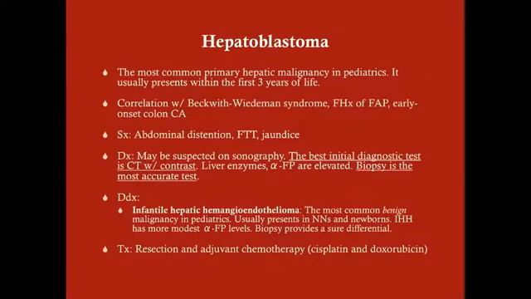Okay, so the hepatoblastoma is the most common primary hepatic malignancy in children, and this usually presents within the first 3 years of life. Now, there's a correlation here, and this you've got to know. There's a correlation with Beckwith-Wiedemann syndrome, which, remember, is the pediatric syndrome that presents with macroglossia, hemihypertrophy, so maybe one limb is bigger than the other, one side of the body is bigger than the other.